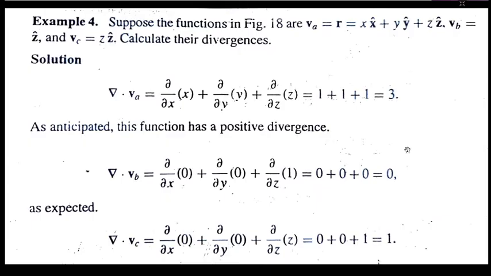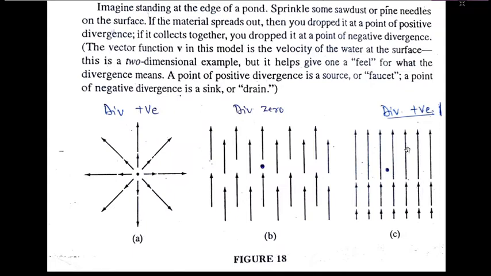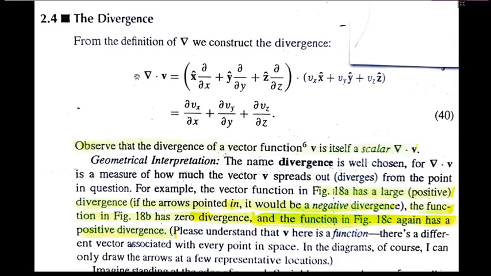Let's take an example. As we have seen in the previous slide, divergence will be written as del dot v, and it is nothing but, in principle, as per equation 40, a partial derivative of the given function.